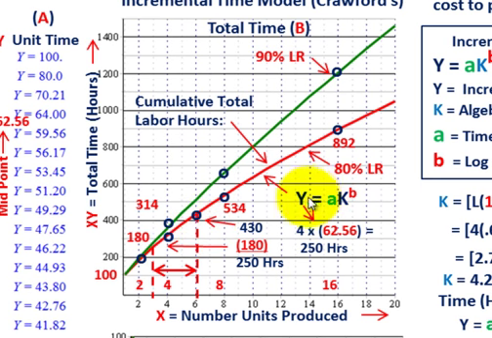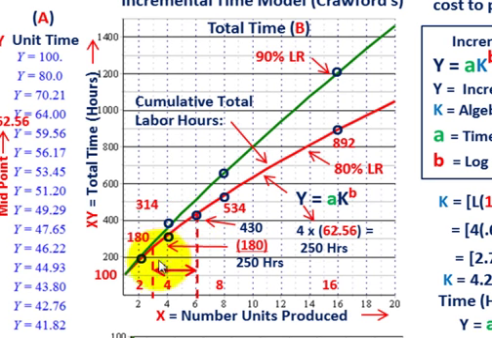The function is y equals the first unit times our k, the algebraic midpoint of the lot, raised to b, our learning curve exponent. That would give us 180 hours at the 2nd unit. And then the 6th unit, if we put that in the function, would be 430 hours.